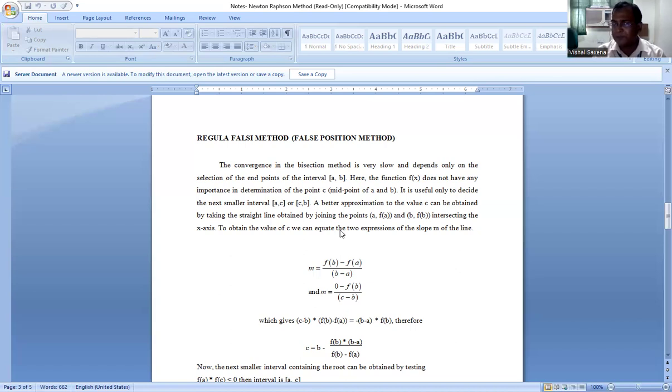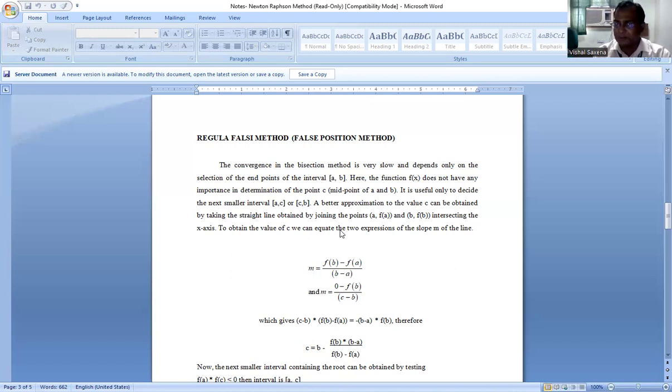To obtain the value of c, we can equate the two expressions of the slope m of the line. The line also passes through the point c comma 0.